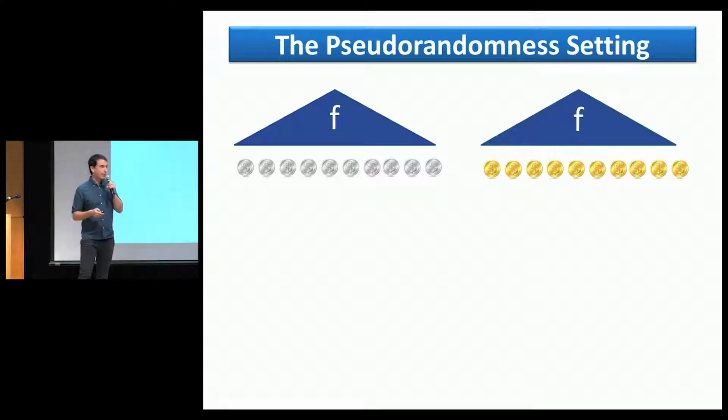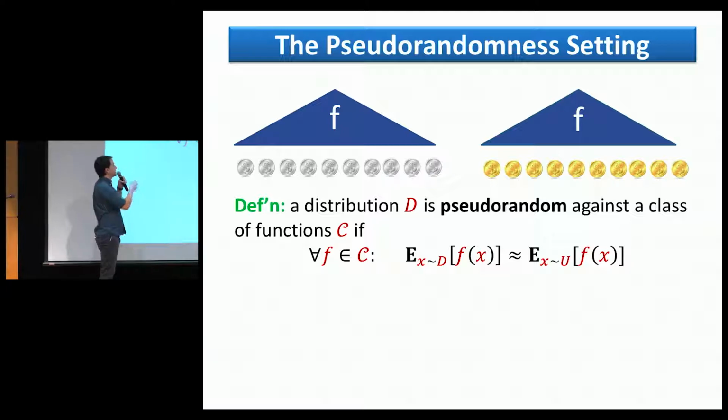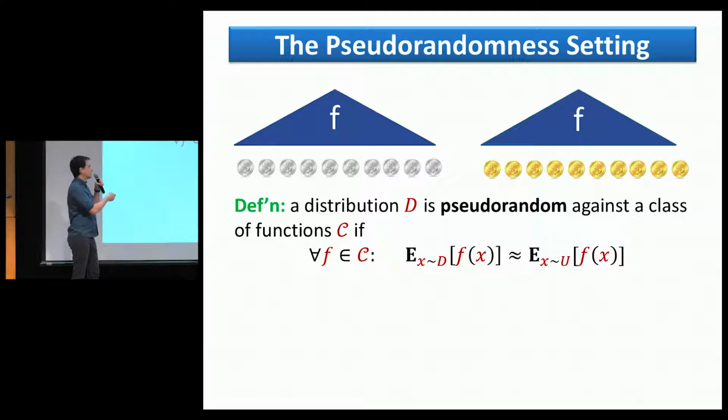How do I quantify that? I say that the distribution D, and think of D as this distribution of silver coins, is pseudorandom against a class of functions, C, if any f in C has similar expectation on the D distribution as it has on the U distribution.